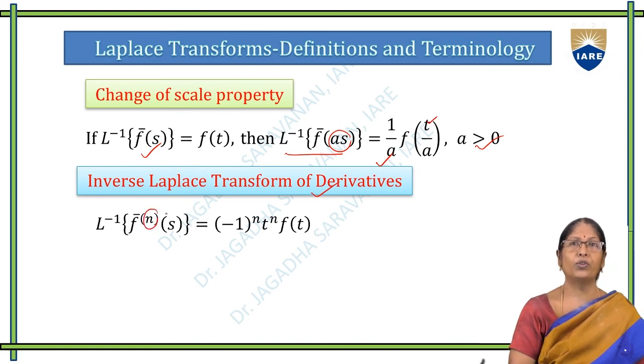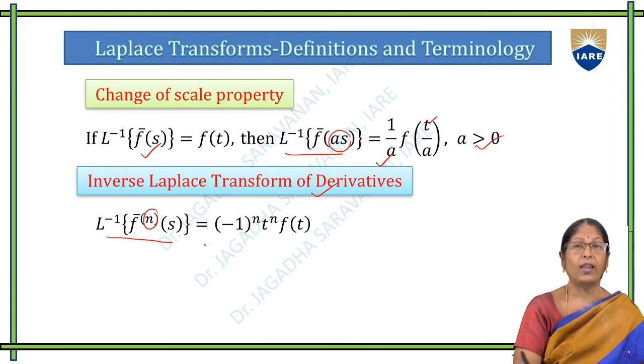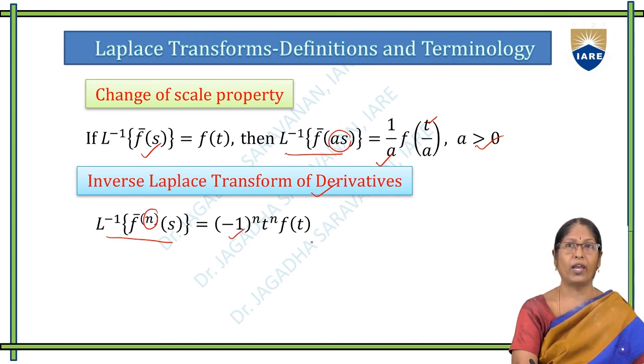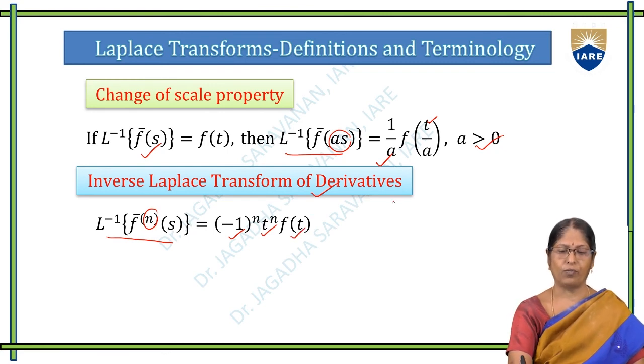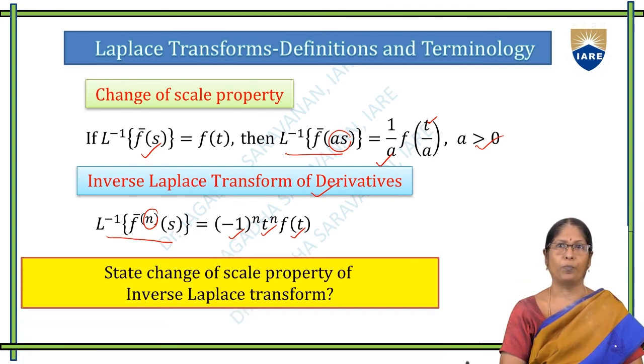N times we are taking the derivative. So L inverse of the nth derivative of F bar of s is nothing but minus 1 power n, t power n, f of t. This is the formula for derivatives under the inverse Laplace transform.